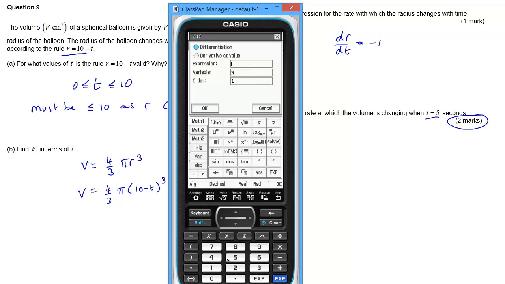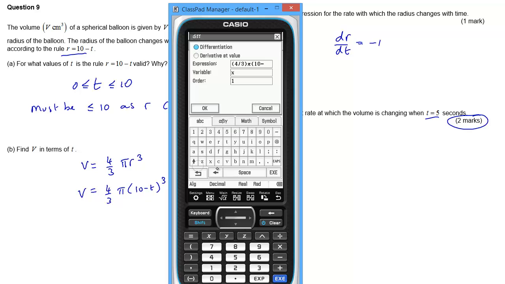My expression is going to be 4/3, then we want π. Let's put the 4/3 in a bracket actually. So 4/3, π, and then open a bracket, and we've got 10 minus t, cubed.